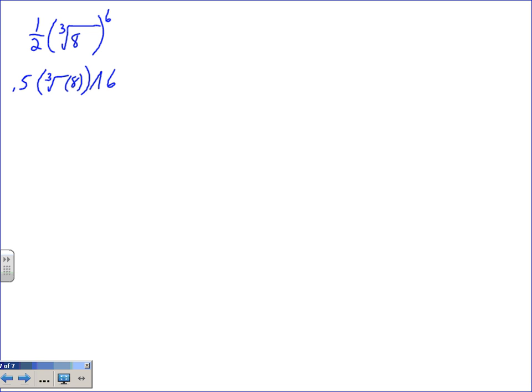Sometimes when you get really good, you realize that the cube root of 8 can be written as 8 to the 1/3 power times 6. What do you do with the exponents? You multiply, right? And 1/3 of 6 is 2. 8 squared is 64. Half of 64 is 32.